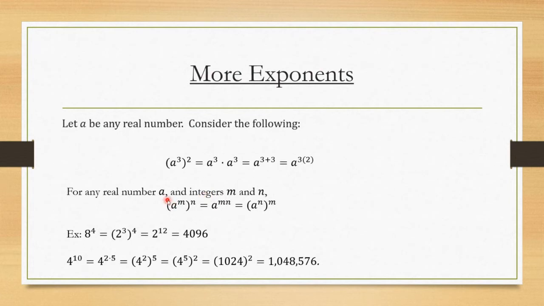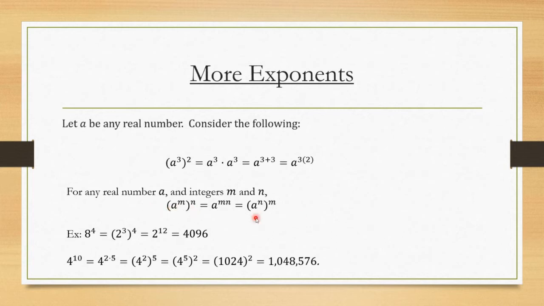Namely, if you have a real number a and 2 integers m and n, a to the m raised to the n, that's a to the m times n, which is a to the n raised to the m. Just another exponent rule that would be good to know.